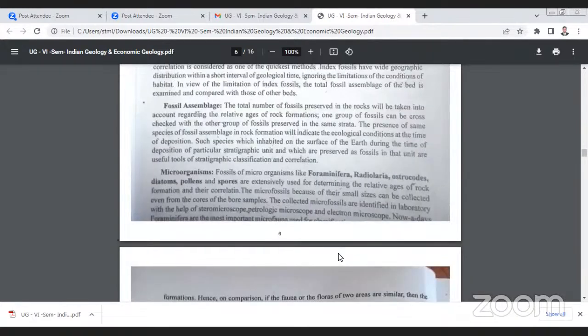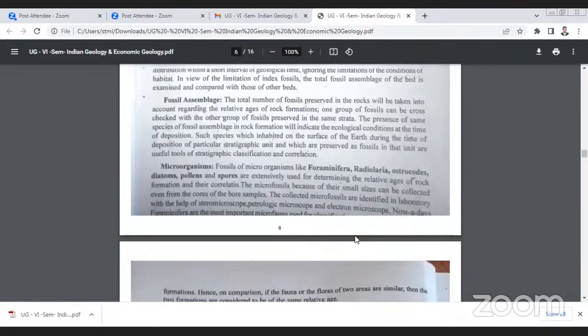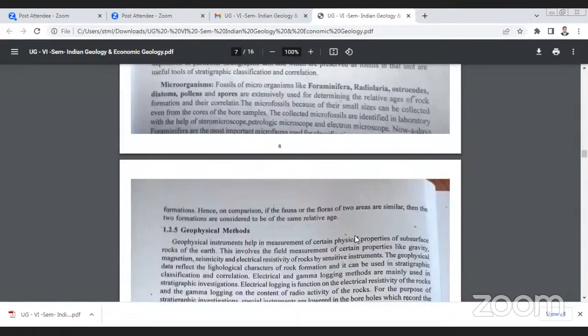Microfossils, because of their small size, can be collected even from the cores of bore samples. From the bore and core samples we collect these, and they are all very small in size.